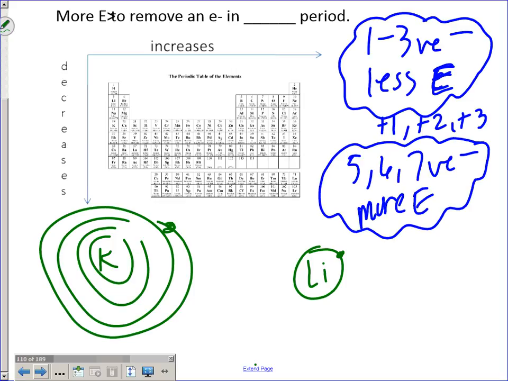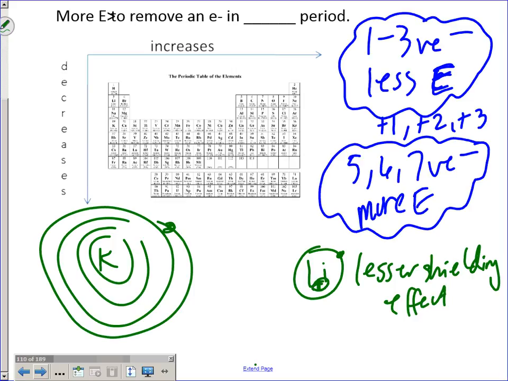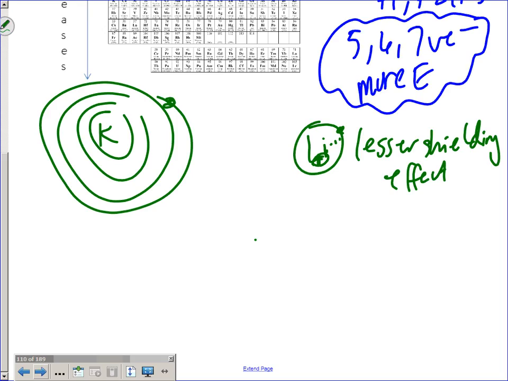Why? Okay, good. So it's got a lesser shielding effect. If your protons are doing a pretty good job of attracting your electrons, does that make the ionization energy higher or lower? Higher ionization energy, because a lot of energy is required to ionize you, to take your electron.